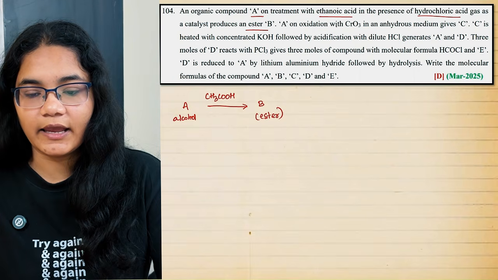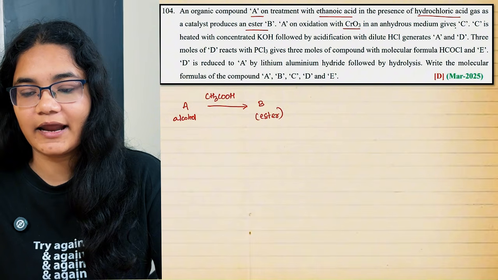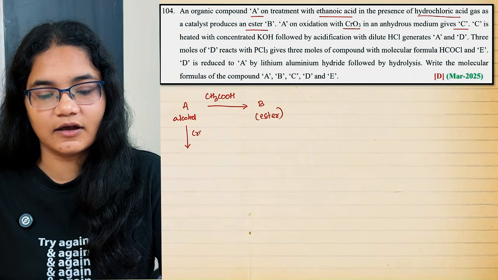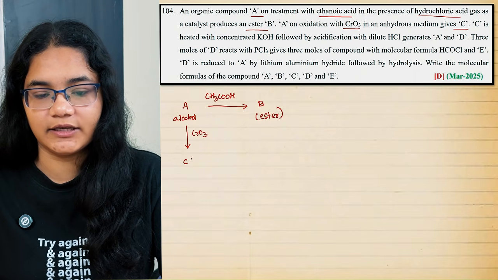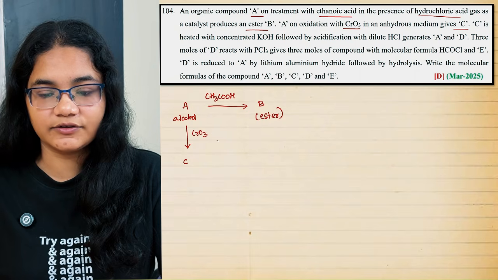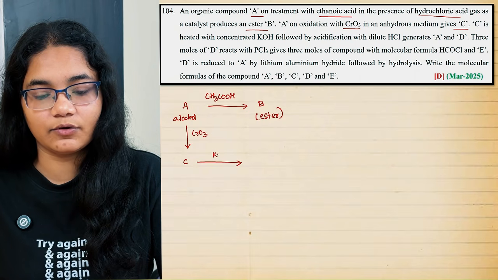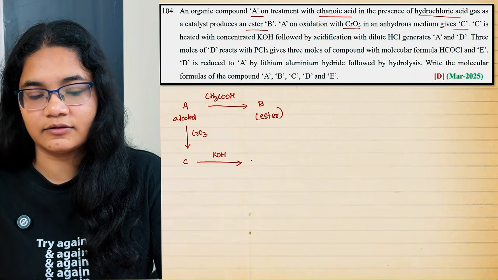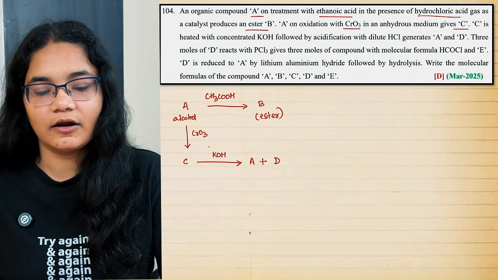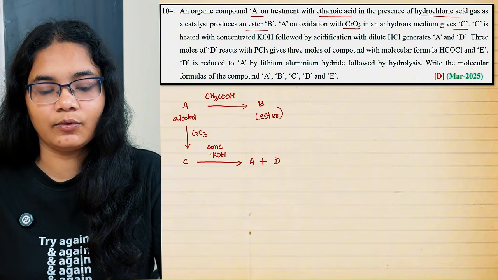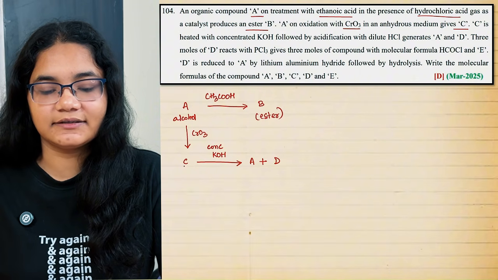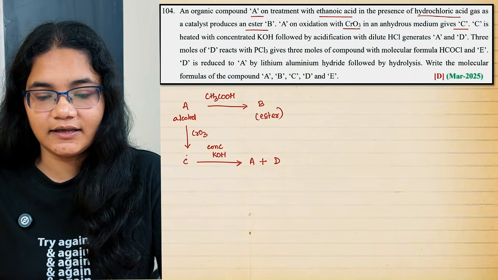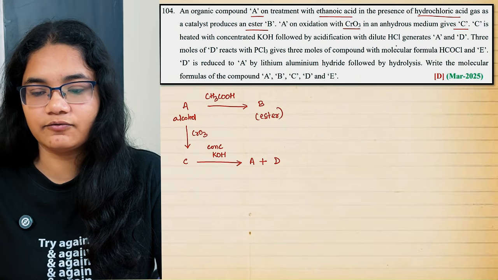Now A on oxidation with CrO3 in anhydrous medium gives you C. Now C heated with concentrated KOH followed by acidification with dilute acid generates A and D. Since concentrated KOH is there, C must be undergoing a Cannizzaro reaction.